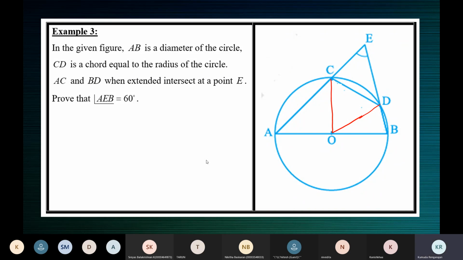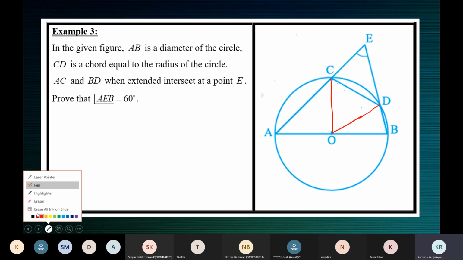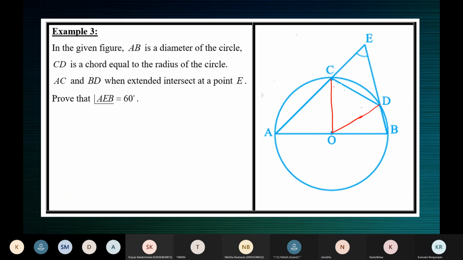All right, children. So we were saying join OC, OD, and BC. So now you have the reasons as to why we should do these constructions. Now, which angle is 90 degrees? Angle ACB, ma'am.